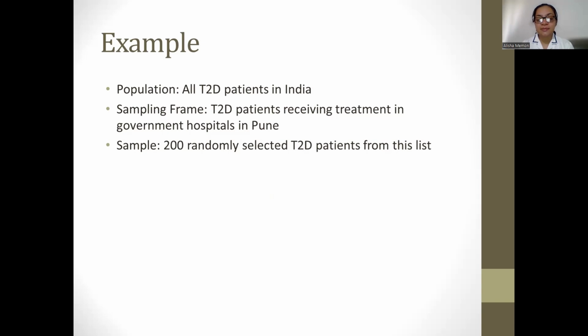So this is our sampling frame. This is what we have access to. And from that, we are going to recruit participants who will actually be involved in the study. Those people are known as the sample. So here you see population, sampling frame, and then you come to a sample. So this is how the sampling process is actually carried out.